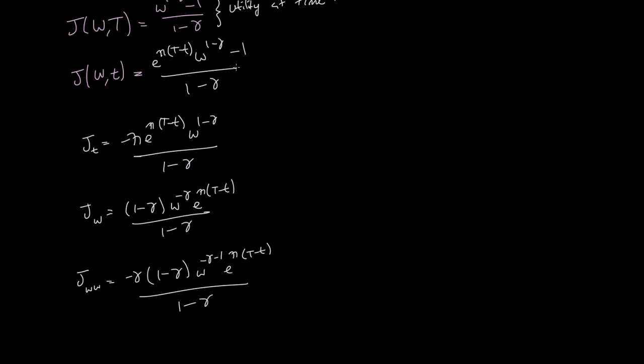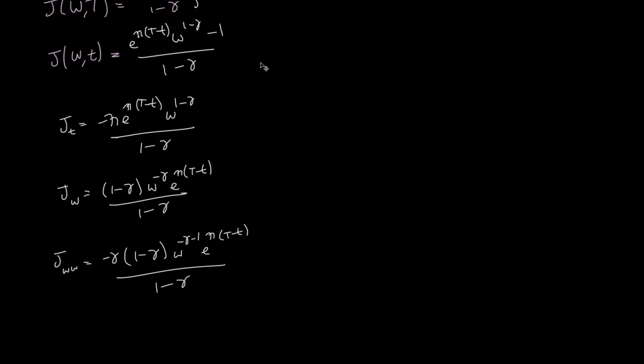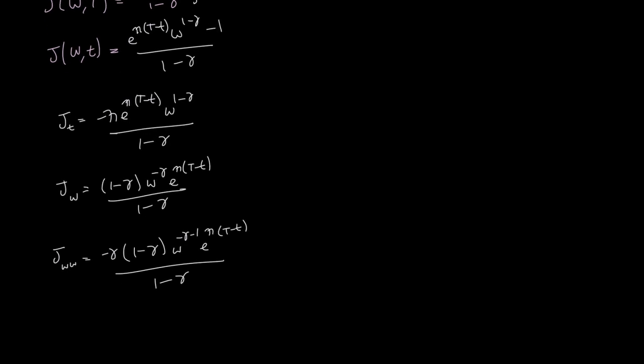We wanted to know two fractions. Let's scroll up and check: what is J_t over W J_W? Let's start there. J_t is minus eta e^(eta(T-t)) W^(1-gamma) over 1 minus gamma.